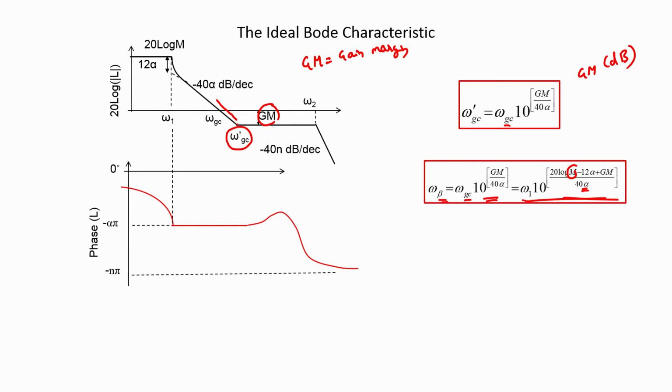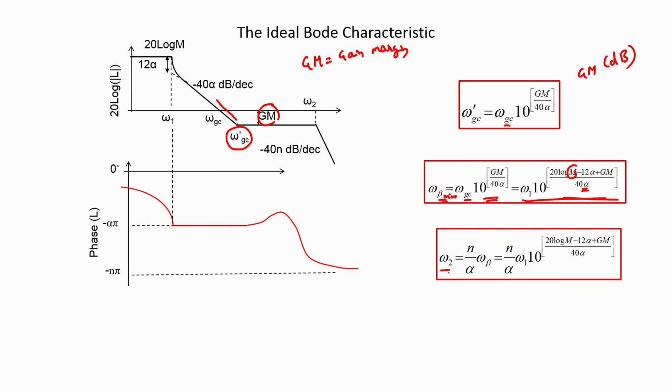Now since we allow the positive characteristic to set in at this particular frequency omega beta minimum, we would have that the minimum frequency at which the final characteristic can be introduced, which has a slope of minus 40 n decibels per decade, is going to be given by omega 2 equal to n by alpha times omega beta, exactly as we had it in the previous slides, but this time omega beta is no longer going to be equal to omega gc, but instead it is going to be equal to omega gc prime, which is given by the first expression here.